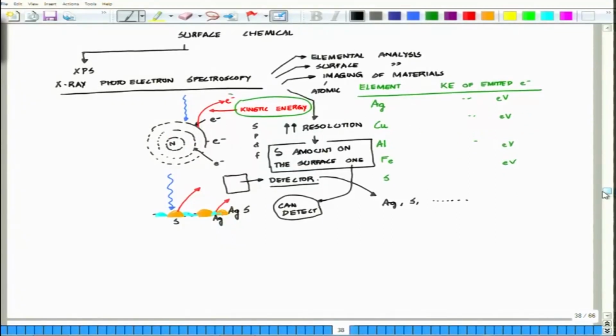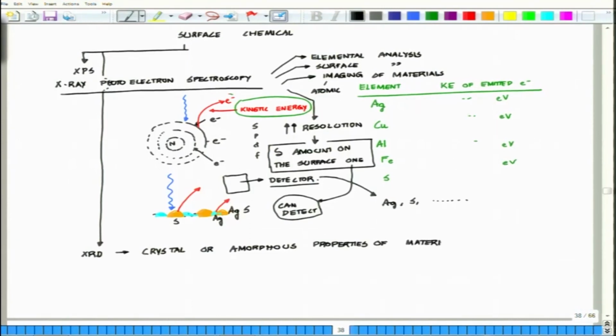Okay, the next in line, after X-ray photoelectron spectroscopy, is XRD, where you are detecting the crystalline or amorphous properties of materials, whether there are repetitive units or not.